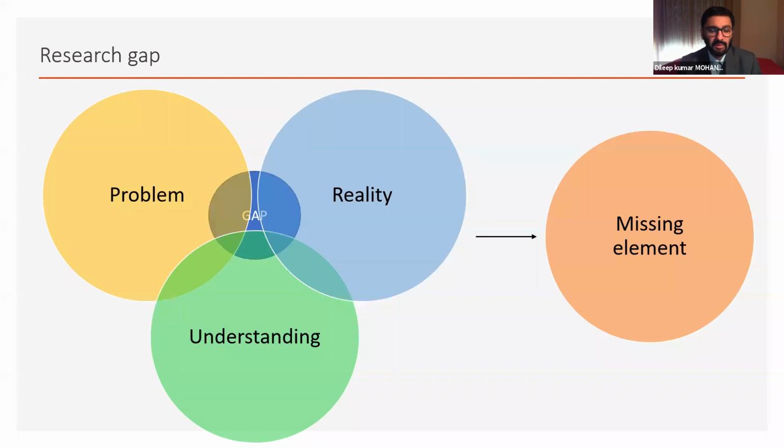How is it happening? It's due to this, due to that, which is exactly connected to understanding. So when you ask a question, sometimes the problem itself is a research question to be addressed. And by addressing that, you are trying to fill a gap.